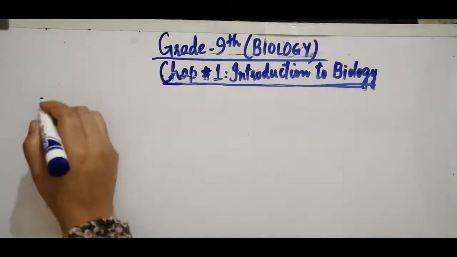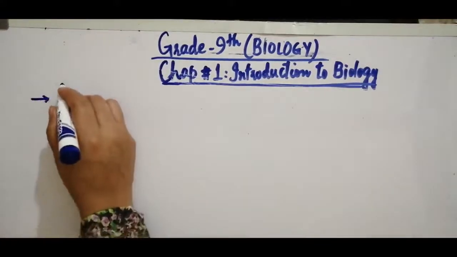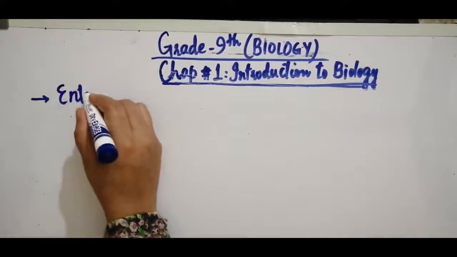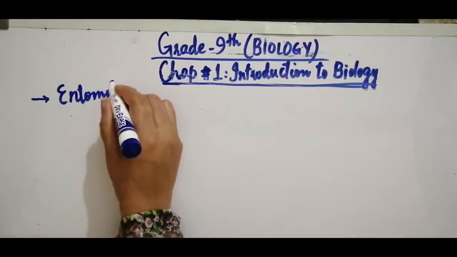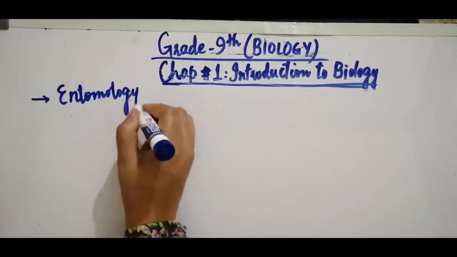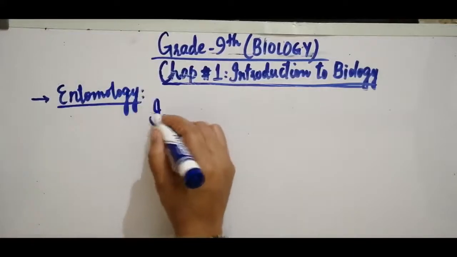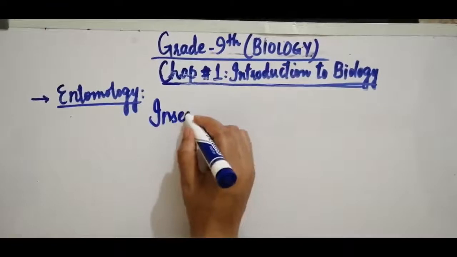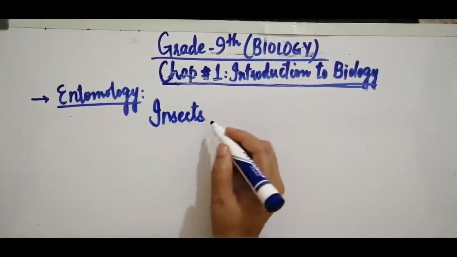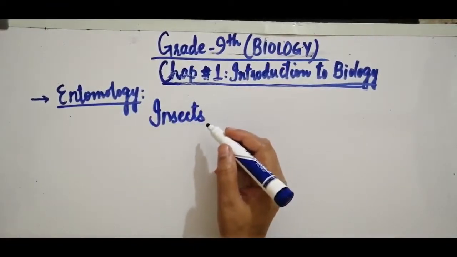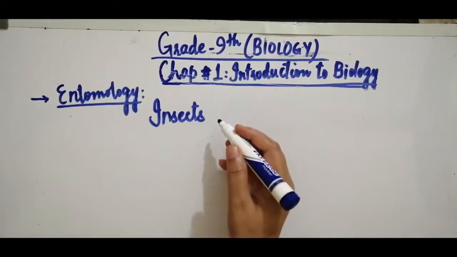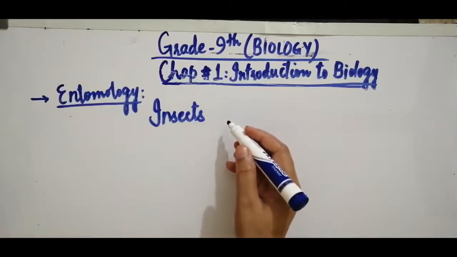Our upcoming branch is now entomology. Entomology deals with the study of insects. Insects form a large category of our world. They are the most common and largest species of the world.